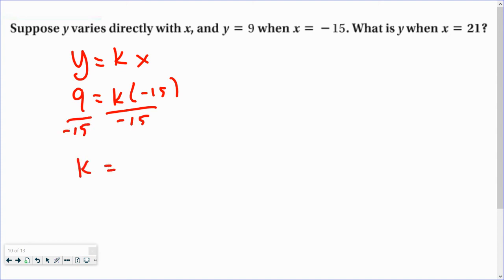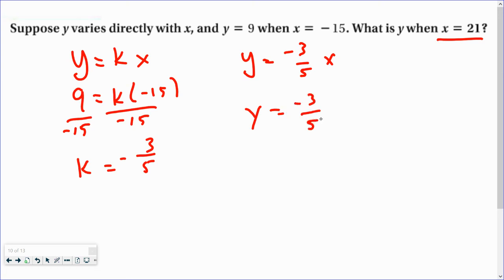So k is equal to, let's see here, 3 will go into both those two. So that's negative 3/5. So y is equal to negative 3/5 x. X is 21. So I go through and I multiply this straight across. That's negative 63/5.